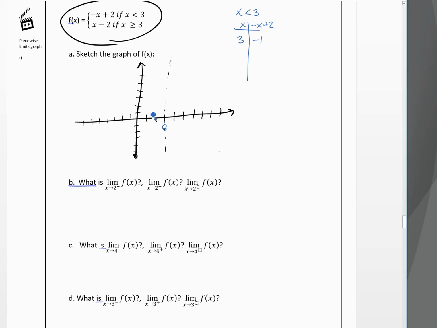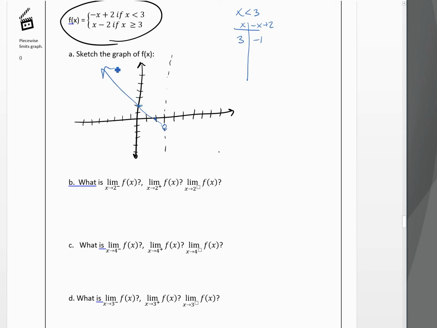And it's going to be like this. Except I didn't draw it very well because it should cross the y-axis there. If we plug in 0, we get 2, so we get a line like this.